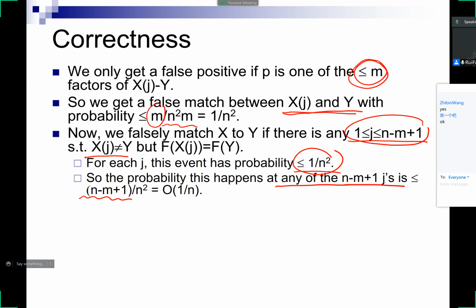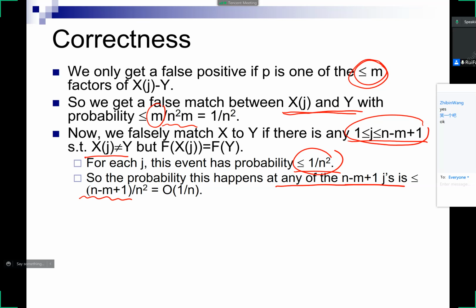Right, so the union bound is that if you take two events A and B, then the probability that either A or B happens is at most the sum of the probability of A and the probability of B. Okay, so this holds for any random variables, right? We don't need any assumptions between A and B. So if you have a set of events, the probability that any one of them occurs is at most the sum of the probabilities of each individual event.